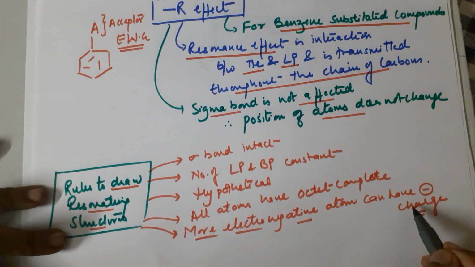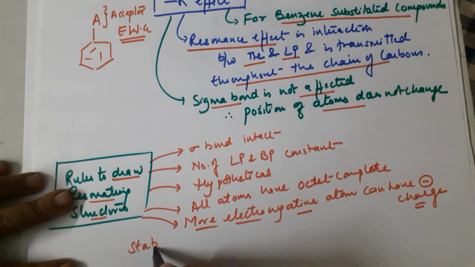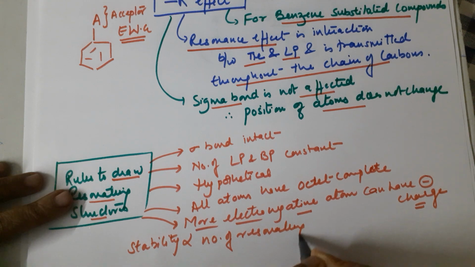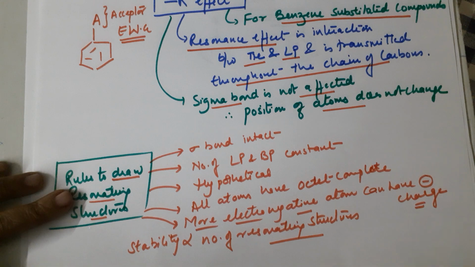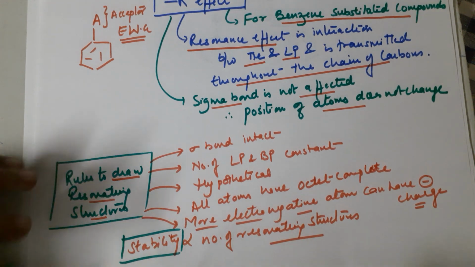If the negative charge is on a less electronegative atom, the structures become unstable. Lastly, when we talk about stability of the molecule, it is directly proportional to the number of resonating structures possible. So, the more the number of resonating structures, the greater would be the stability of the molecule.